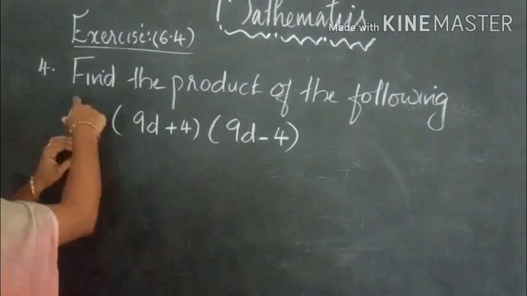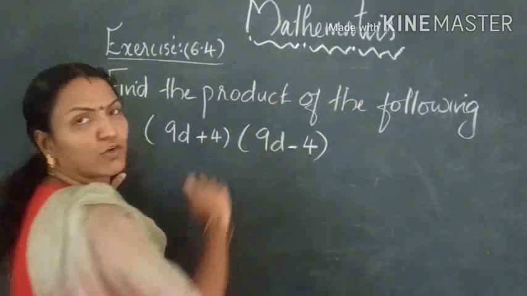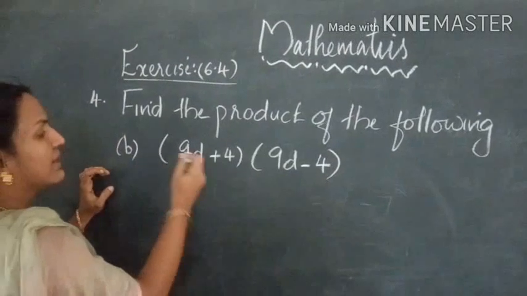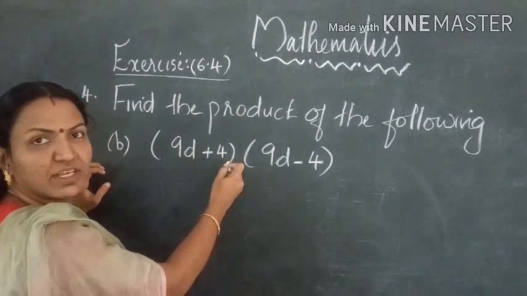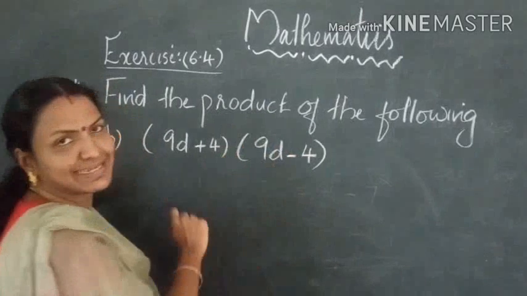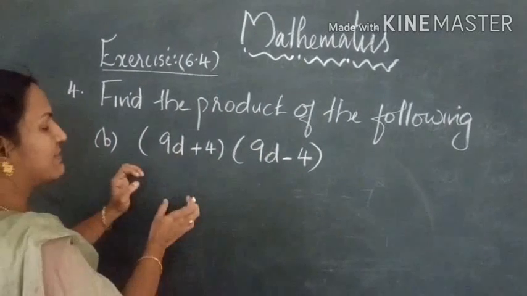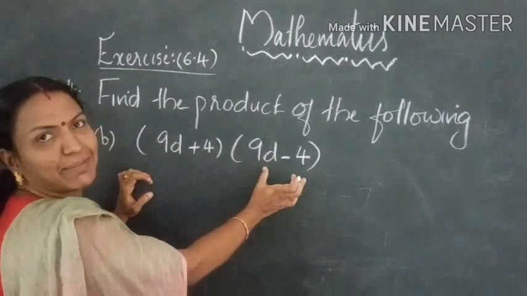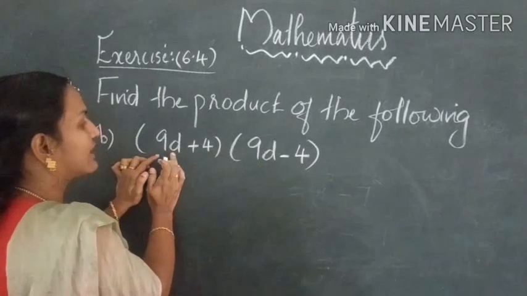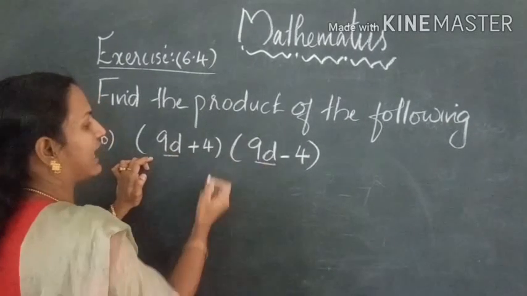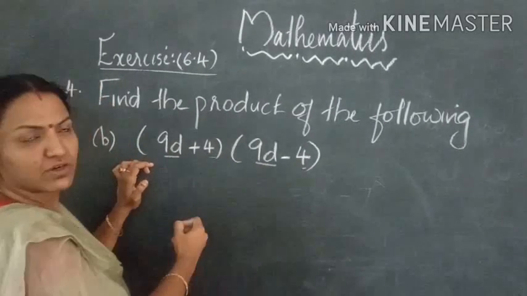Question number 4. Find the product of the following. Option B, (90 + 4)(90 - 4). Now, in the same case, (a + b)(a - b), a is equal to 90 and b is equal to 4.